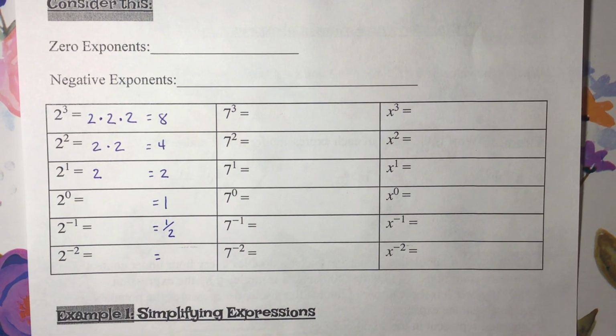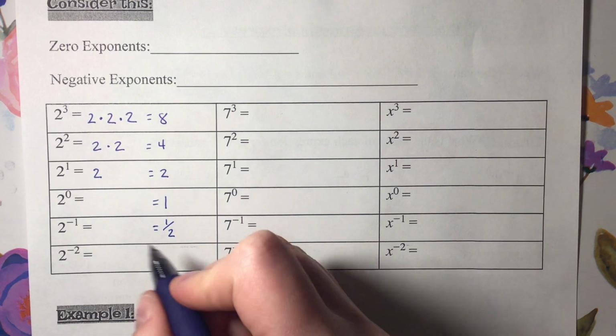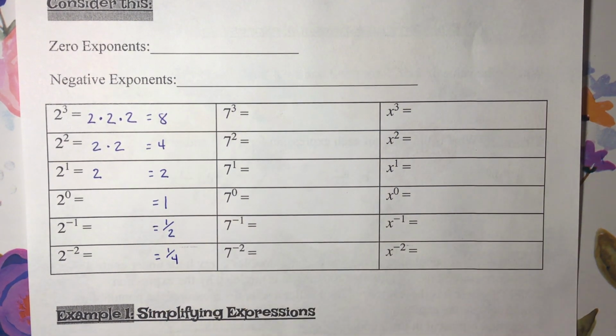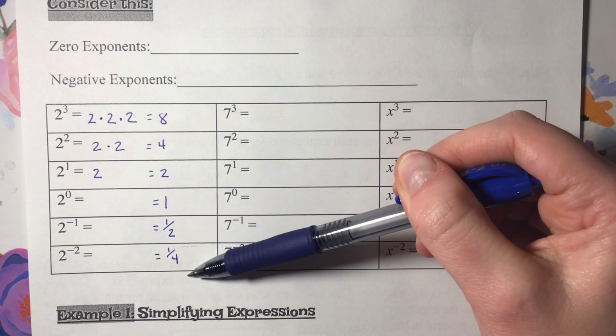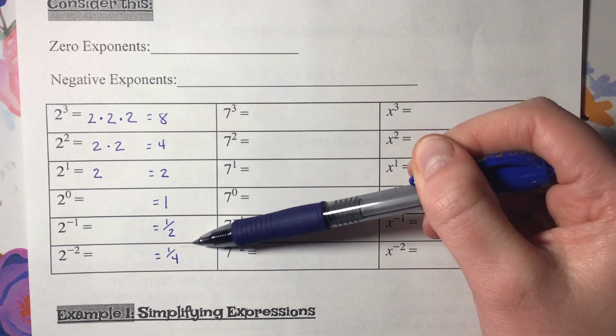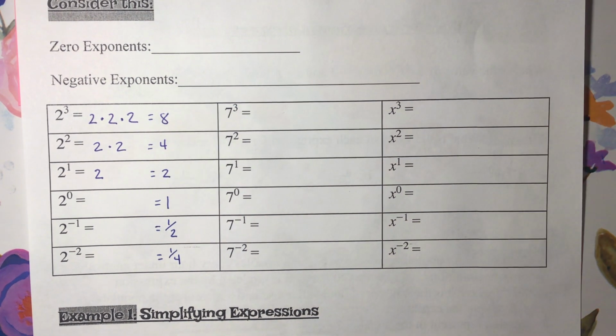And 2 to the negative 2 is going to equal 1/4. So notice what happened here. I divided by 2 each time to get the next number. Or to go up, I multiplied by 2 each time to get the next number.